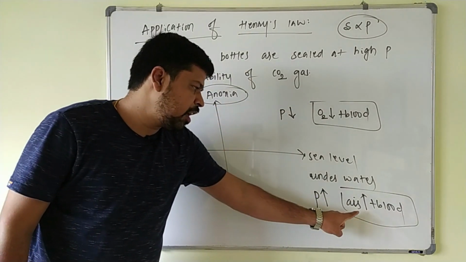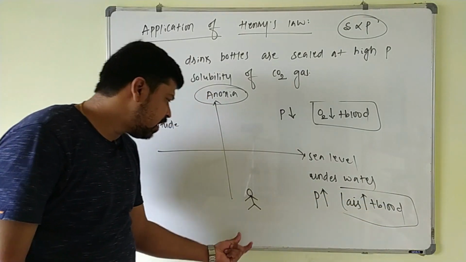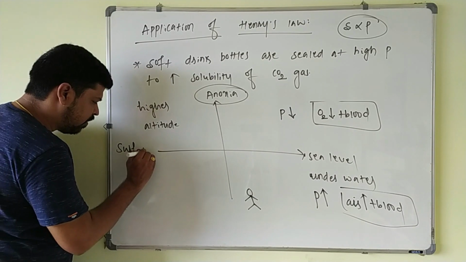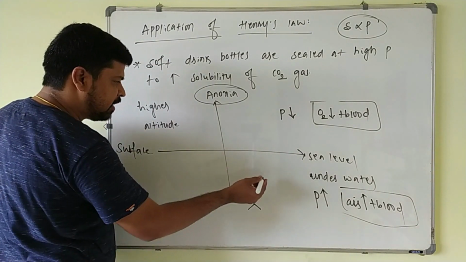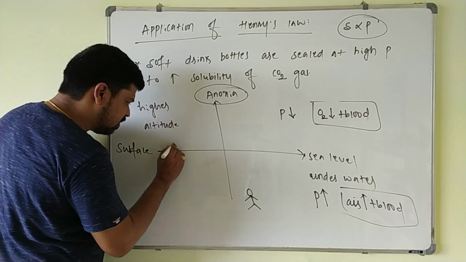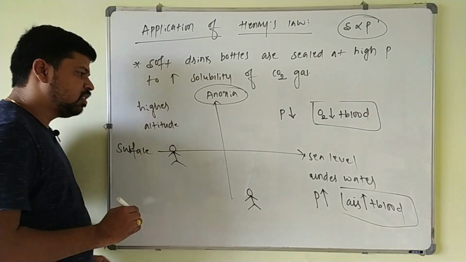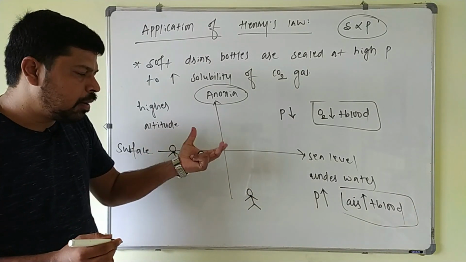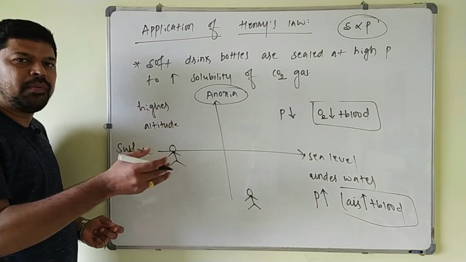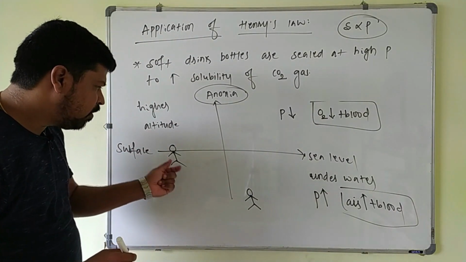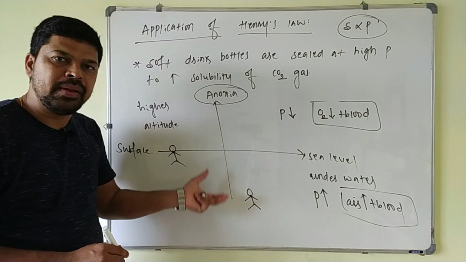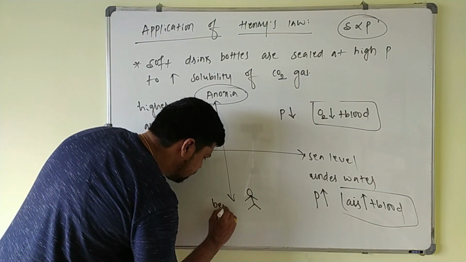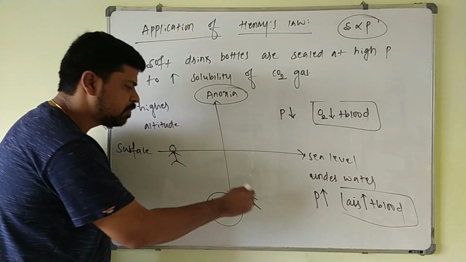At high pressure, more atmospheric gases are dissolved in the blood, and when they come to the surface of the sea, the partial pressure of the gases suddenly decreases. The dissolved gas in the blood then comes out of the blood and forms bubbles of nitrogen. Those bubbles block the capillaries, which creates a medical condition called bends, and this is very painful and dangerous for scuba divers.